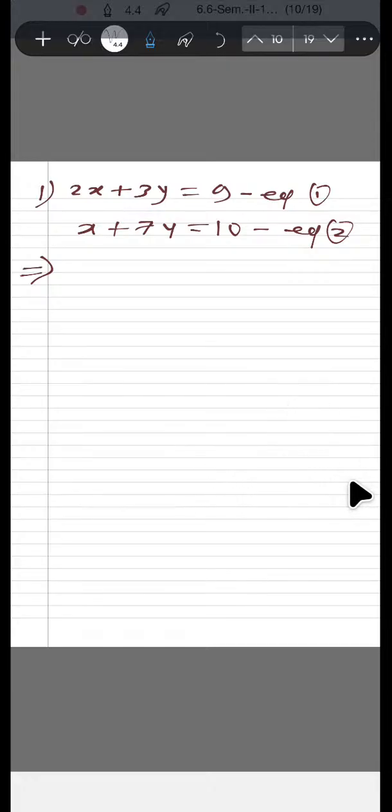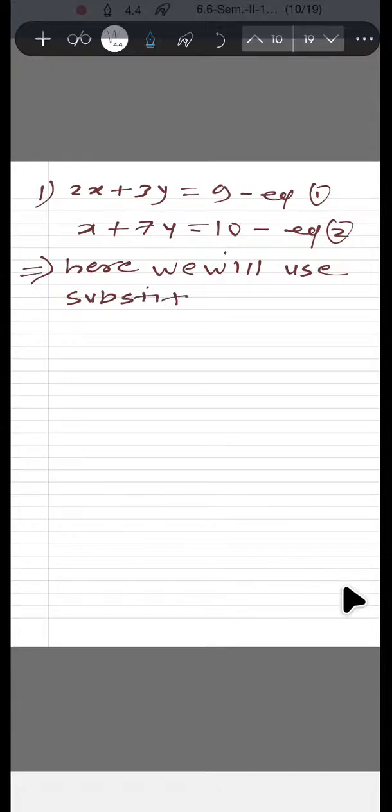If you use any method, the answer will be the same. For this question we are going to use the first method, the substitution method. How can we solve that? Here we will use the substitution method.